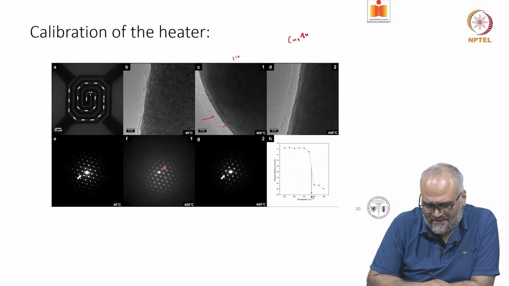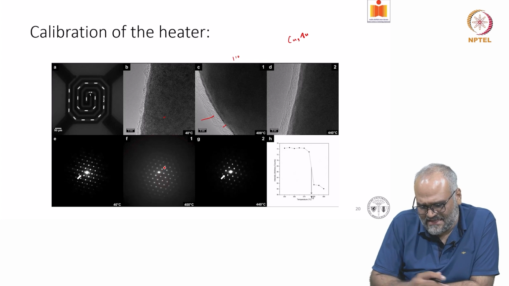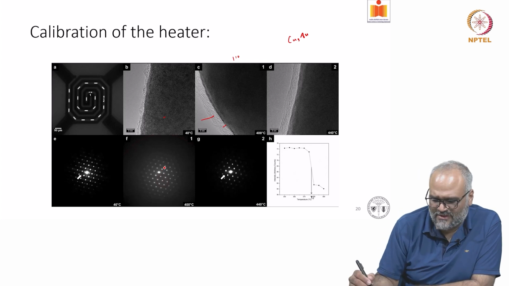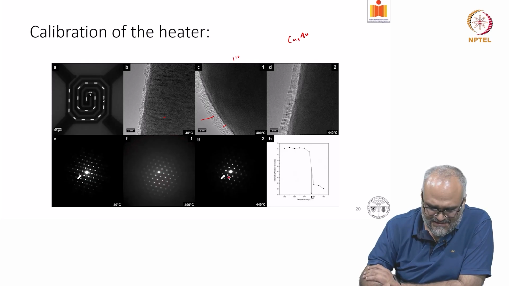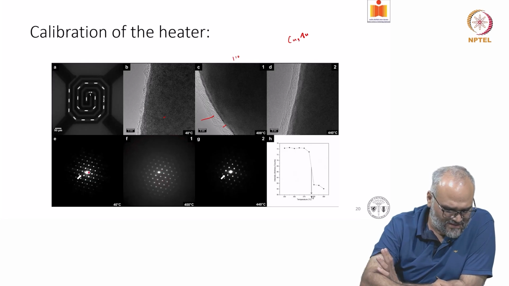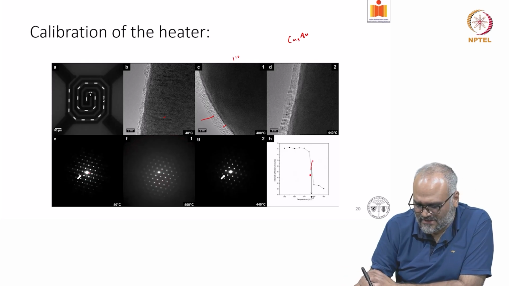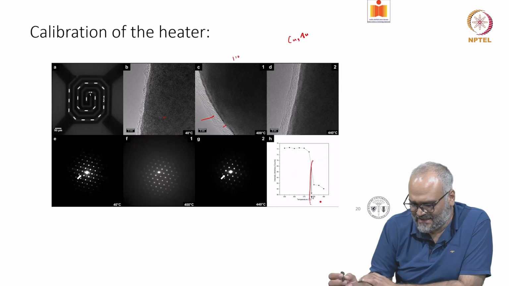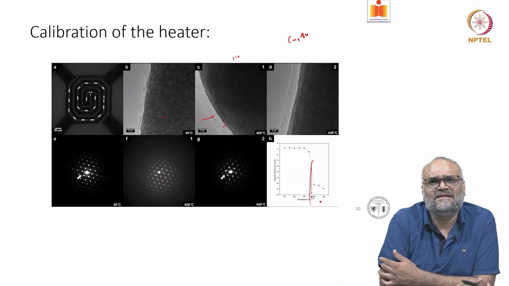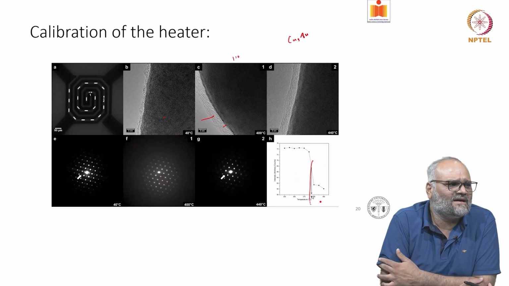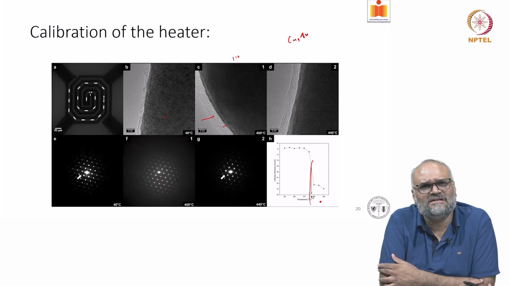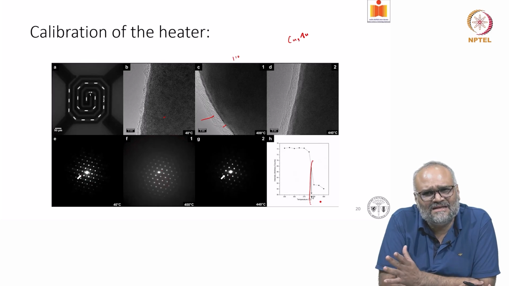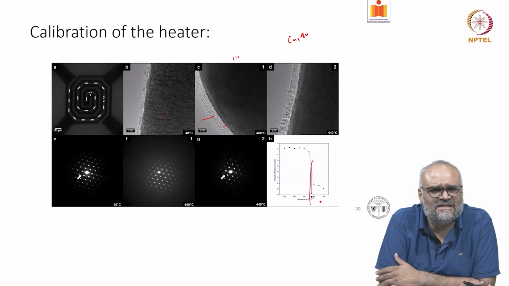In fact, when you look at the series, we noticed that when you plot the temperature versus the intensity, where these spots start disappearing, this was around 379 degrees centigrade, and the transition temperature for this order-disorder transformation is around 385 to 390.